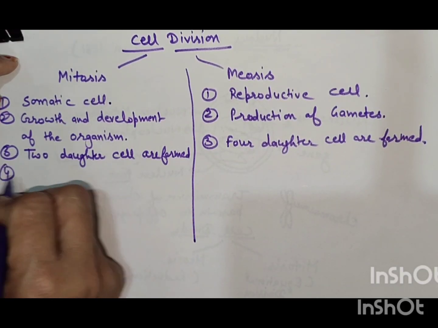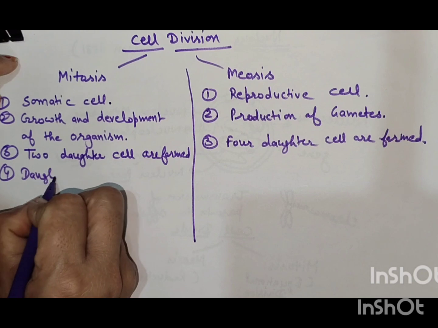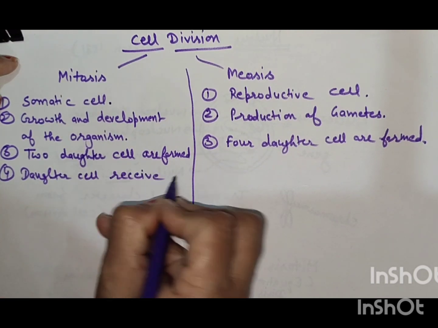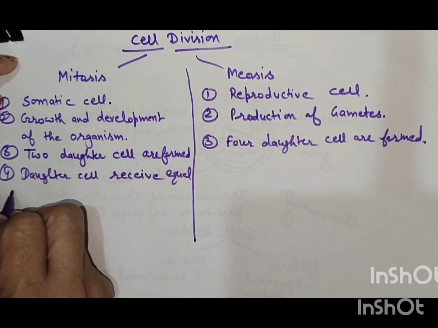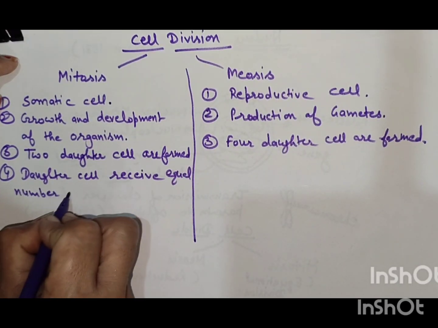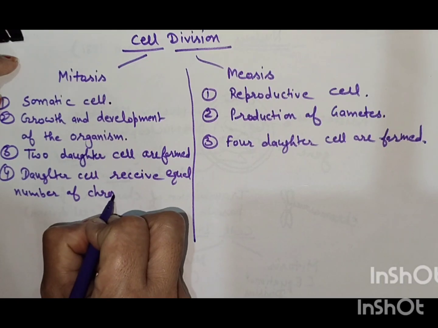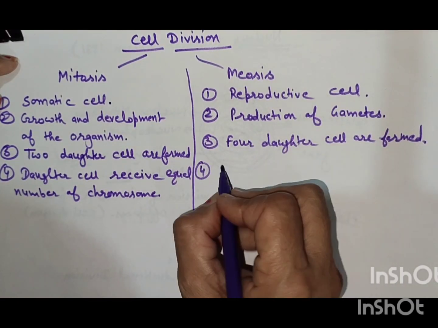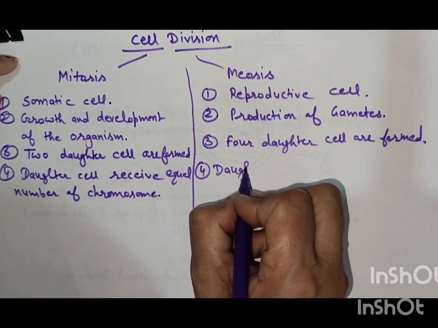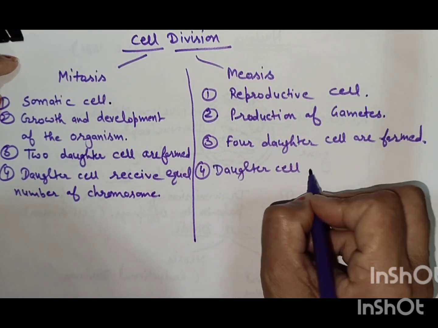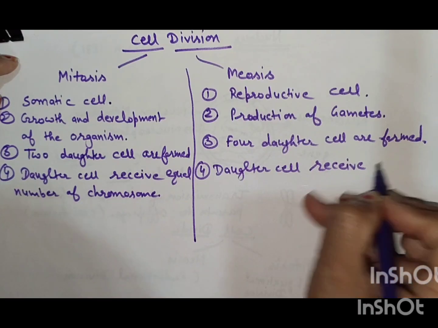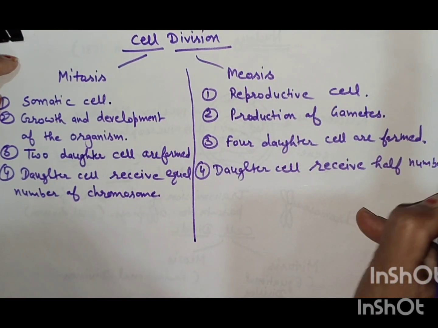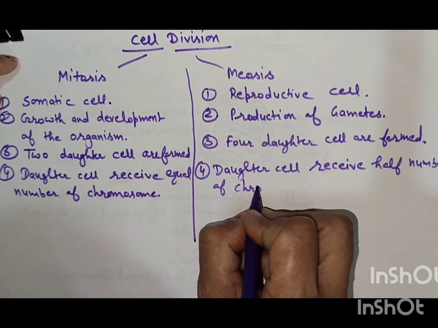In mitosis, daughter cells receive an equal number of chromosomes. But in meiosis, daughter cells receive half the number of chromosomes.